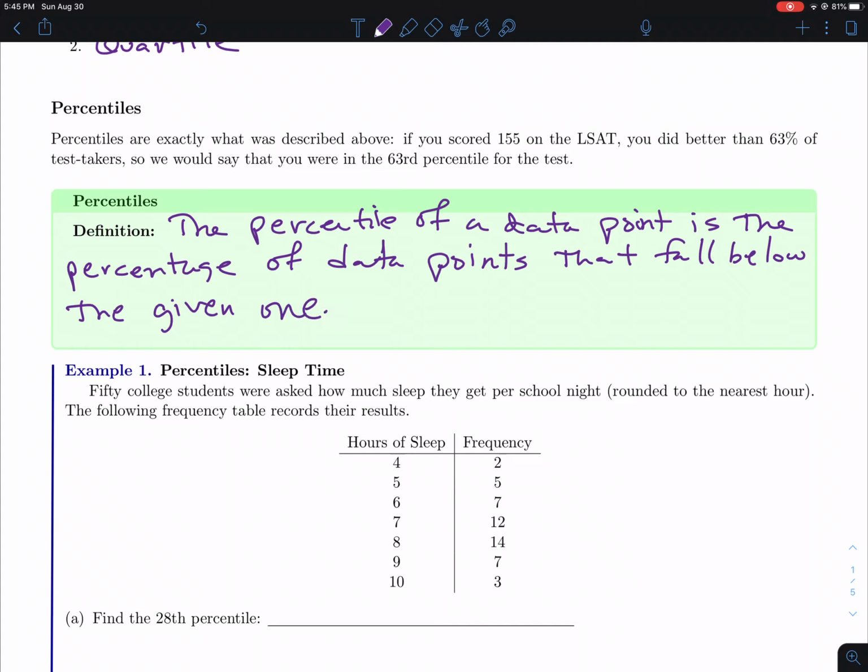Again, the 63rd percentile means that 63% of the test scores were below that score.